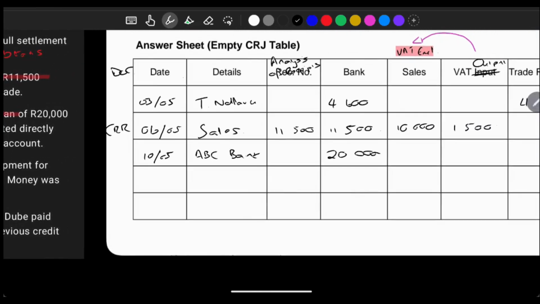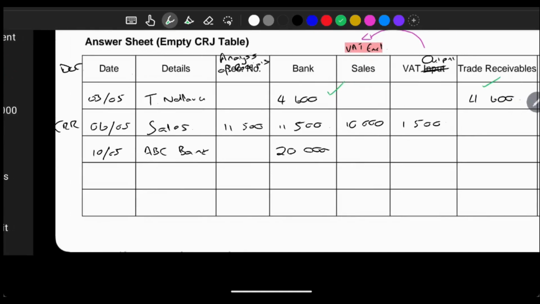The first one, we placed information in bank and trade receivables. Second one, we placed information in, watch now, bank, and then this sales and VAT output is considered one account. As I said, it goes together, it's considered one account. And then the analysis of receipt is also there, a side thing, but it's not the main event.